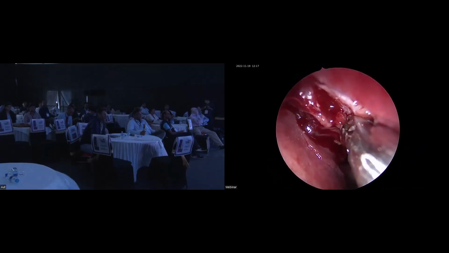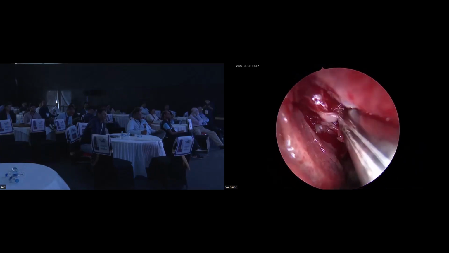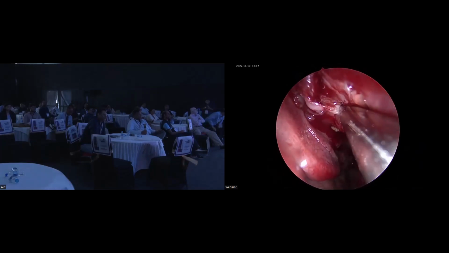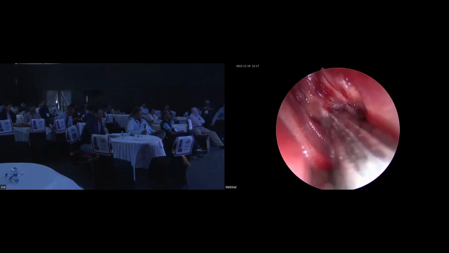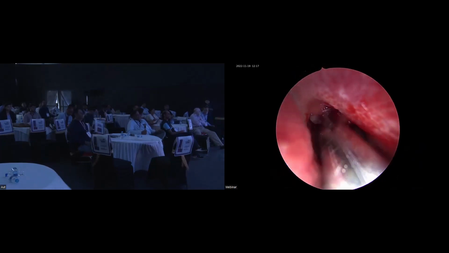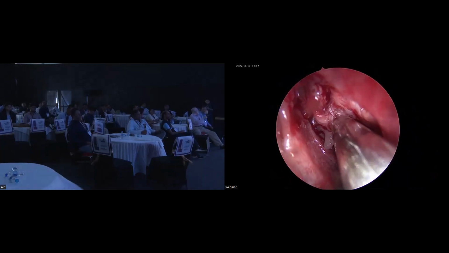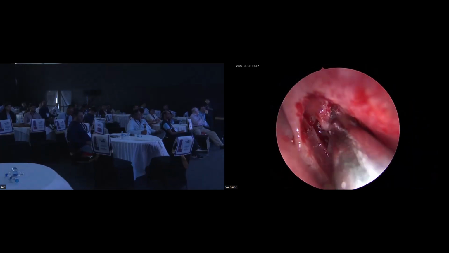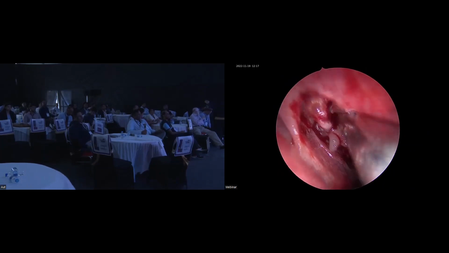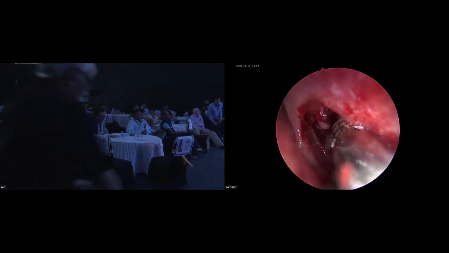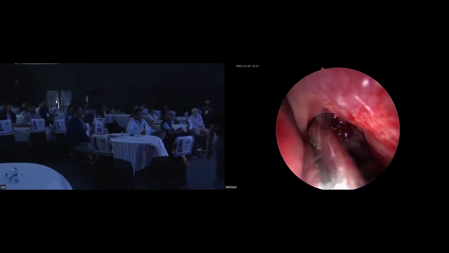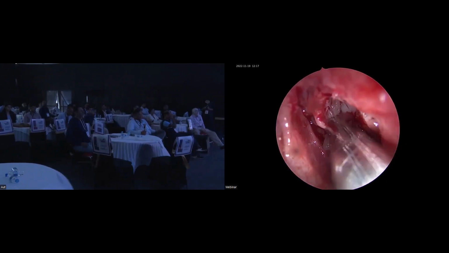Now what we are going to do is use the standard technique. This is the anterior face of the bulla, which is almost opened up. Just a little irrigation.